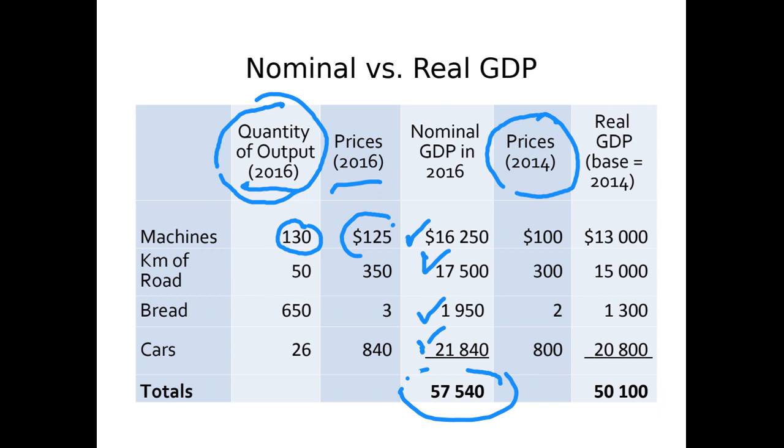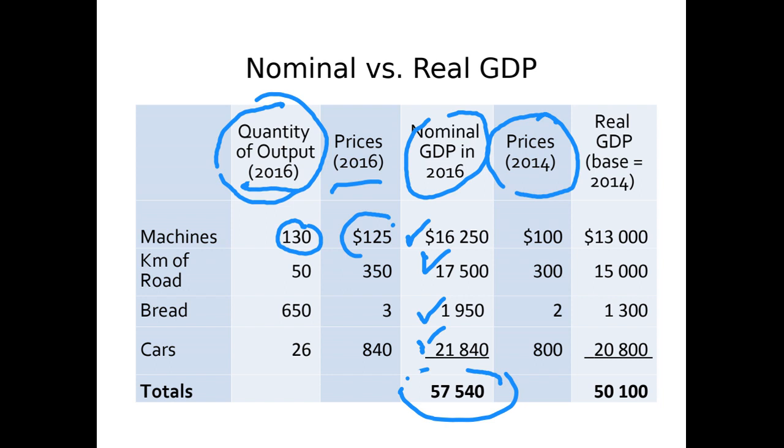It was 125 in 2016, and in 2014 it was 100. So if you want to calculate the GDP of 2016 by eliminating the price effect, this is how we calculate.